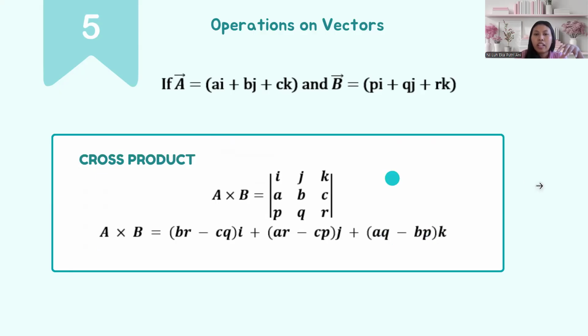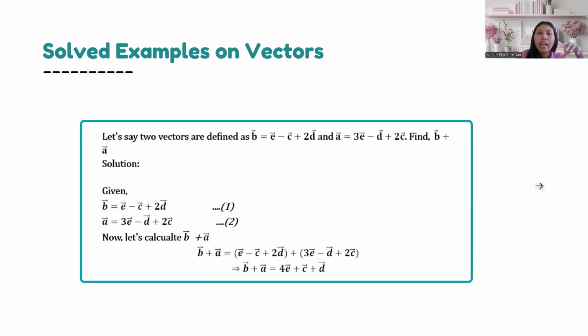So let's move on to solve examples on vectors. Let's say two vectors are defined as vector B is equal to a minus c plus 2d, and vector A is 3a minus d plus 2c.